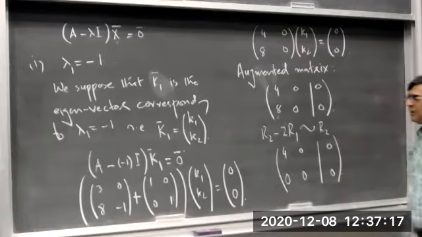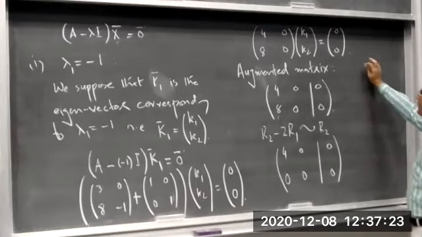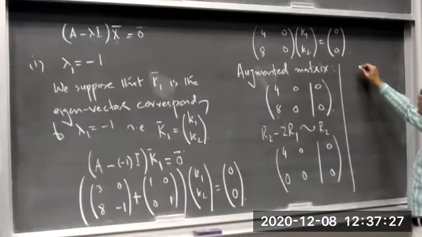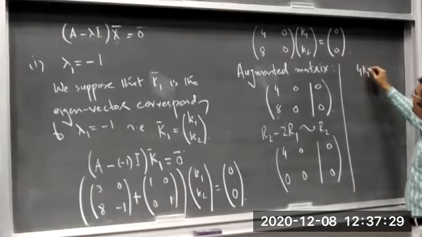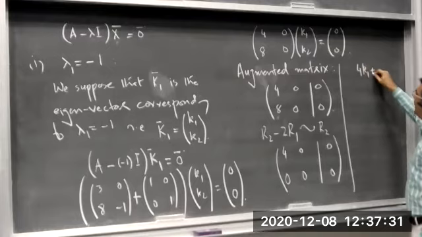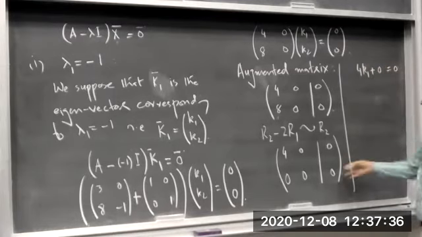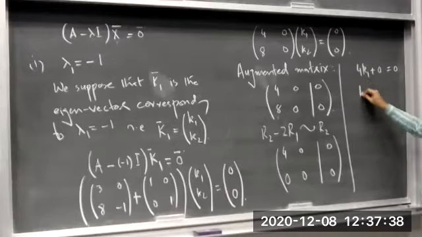Now this is in the echelon form. From this system, we get 4k1 plus 0 is equal to 0, and the second equation is already 0. So from this equation, we get k1 is equal to 0.